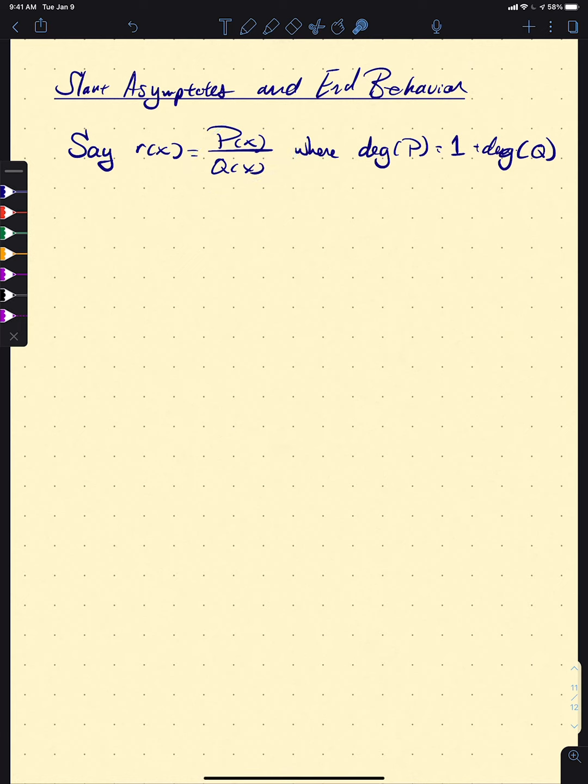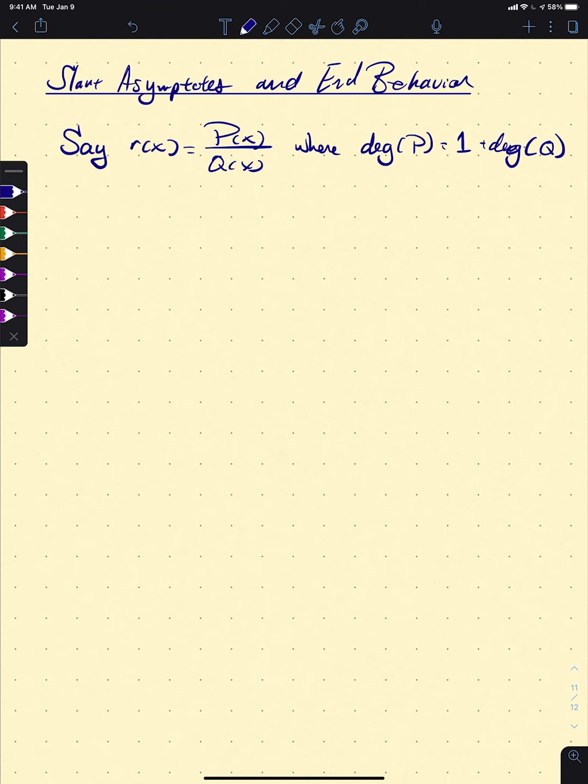When we do this division, what are we going to get? Well, we're going to get that r of x is ax plus b, right? Plus whatever my remainder is divided by q of x, okay?